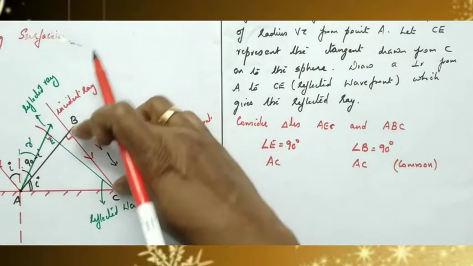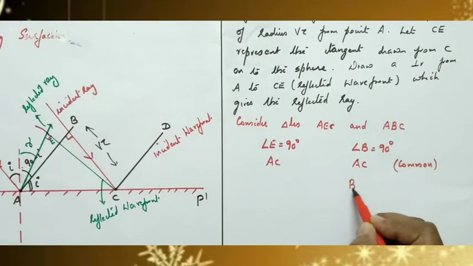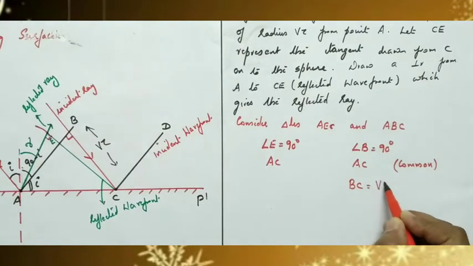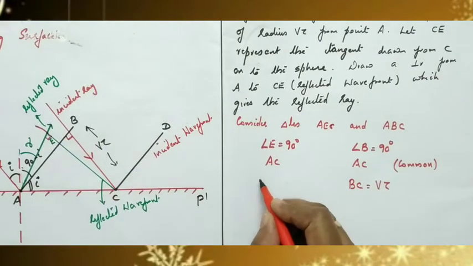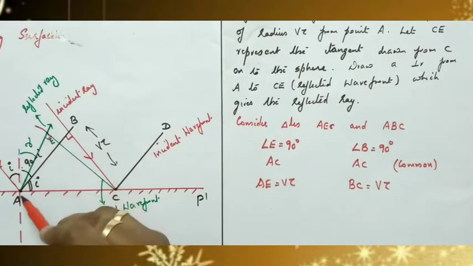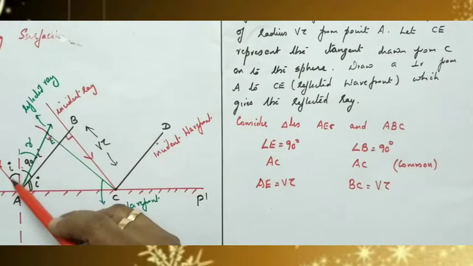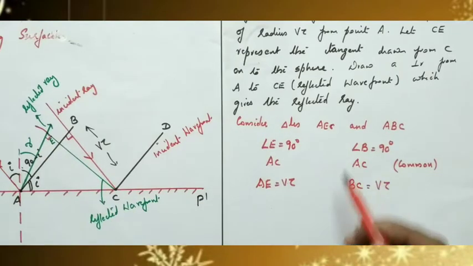Now what is the distance BC? The distance BC equals vτ. And for triangle AEC also, AE equals vτ, because we had drawn the sphere with the same radius vτ. So AE equals vτ, similarly BC equals vτ. Hence the two triangles are congruent.